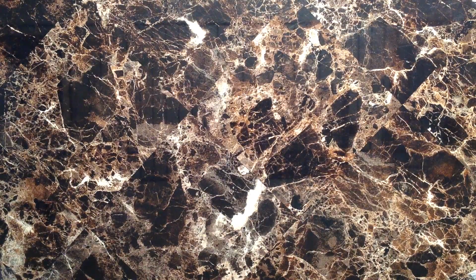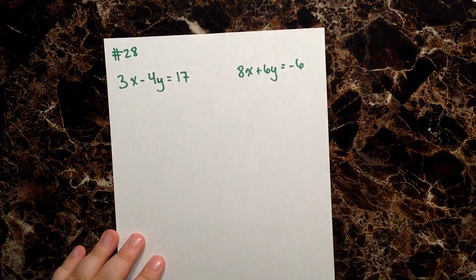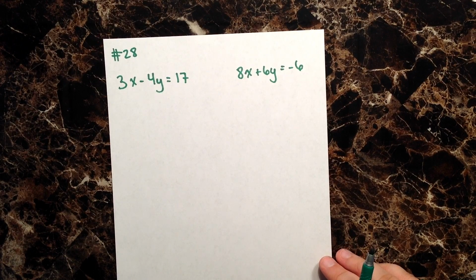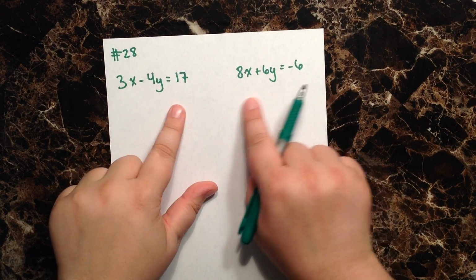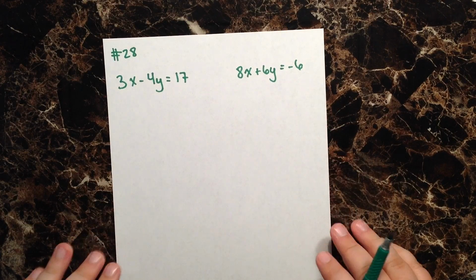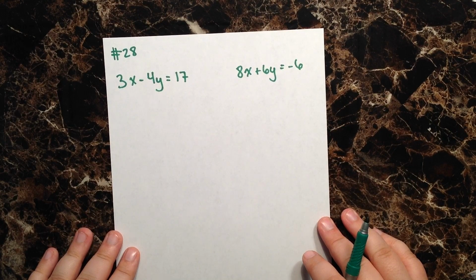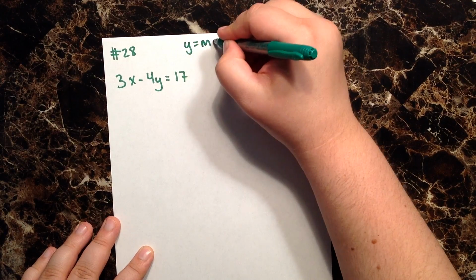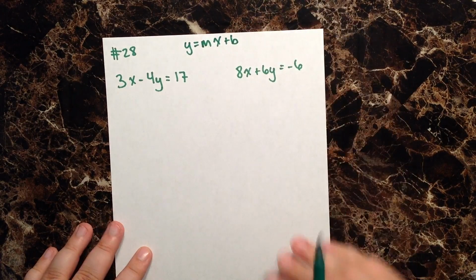All right, so now that we know what type of slopes parallel lines, perpendicular lines, and lines that are neither have, let's go back to our original two equations and determine what type of lines these are. The way we do that is we take the equations, which have been given to us in standard form, and rewrite them in slope-intercept form, which you'll recall is y equals mx plus b.